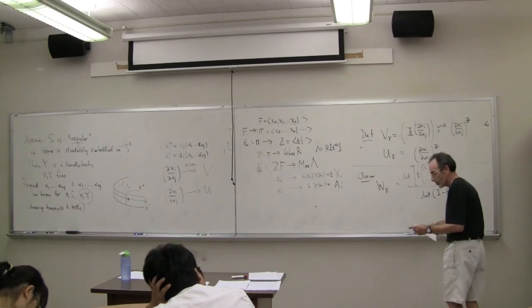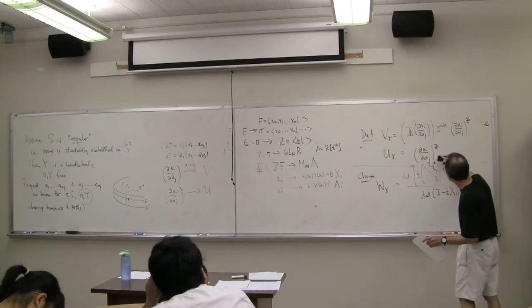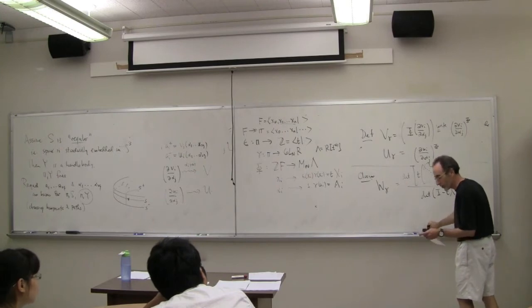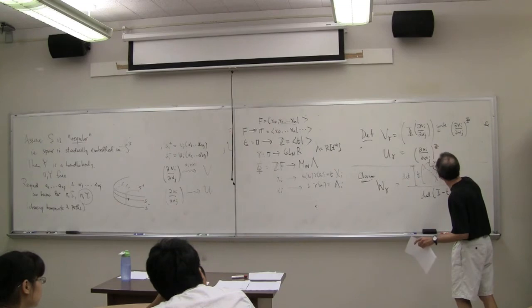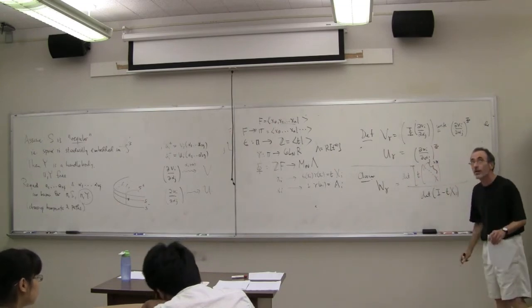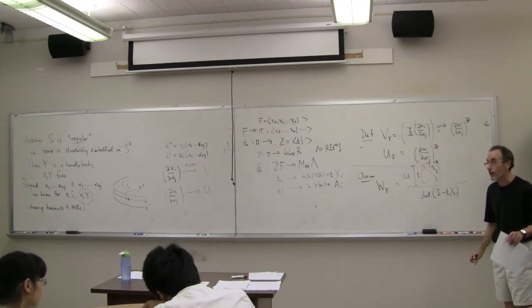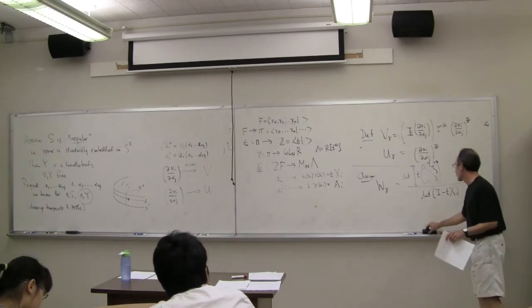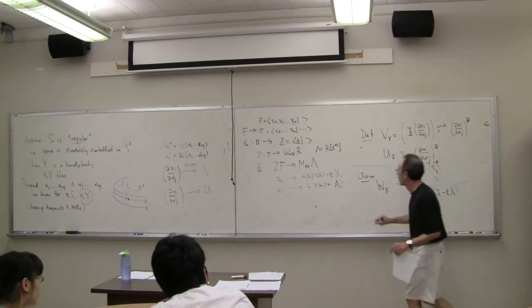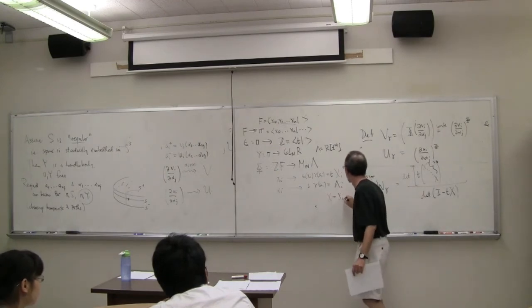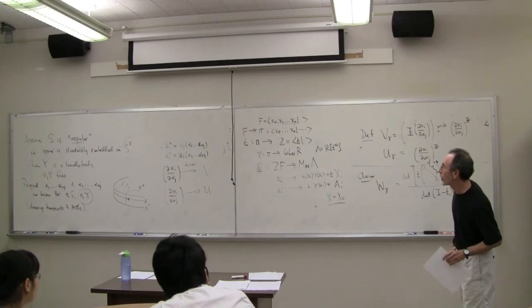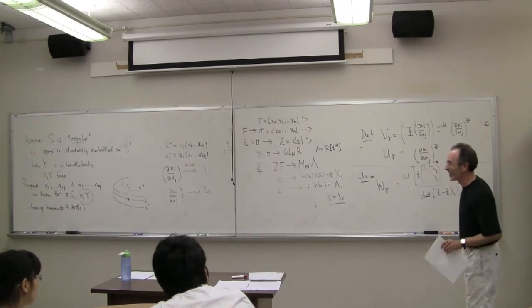Oh, sorry, 2G. Sorry, this should be 2G. Right? Okay. This should be 2G blocks because it should correspond to the alphas. And capital X, that's the same as capital X naught? Yeah, capital X is the same as capital X naught. Thank you.